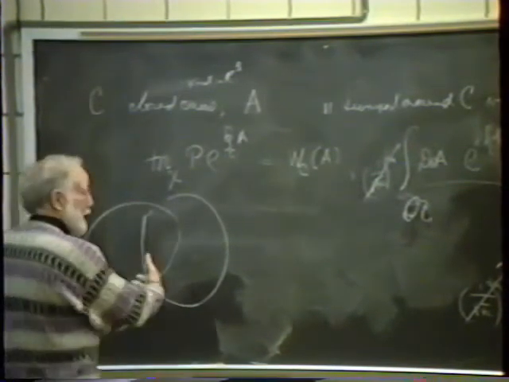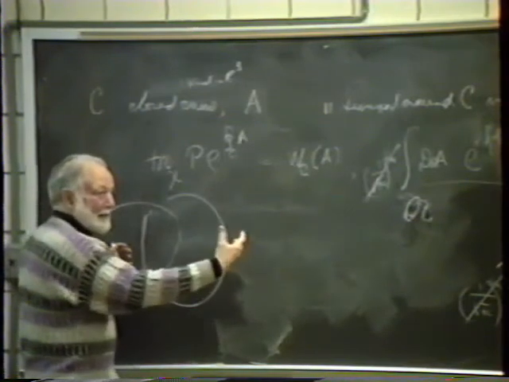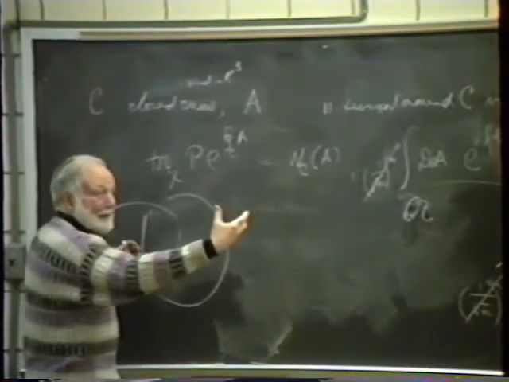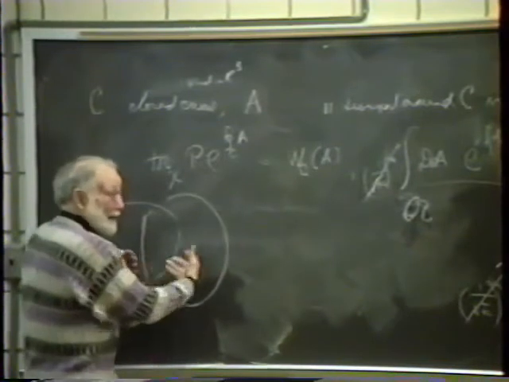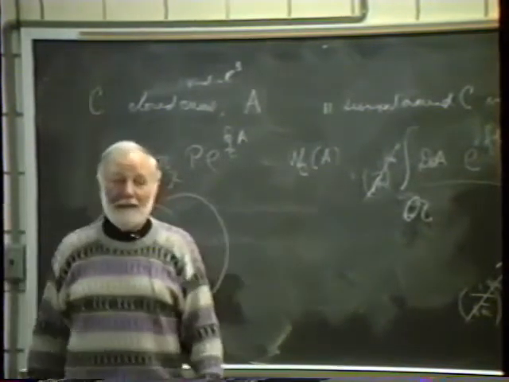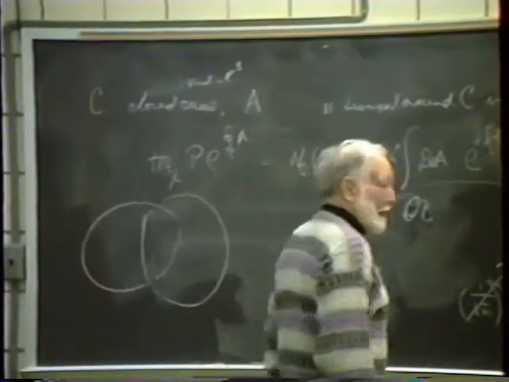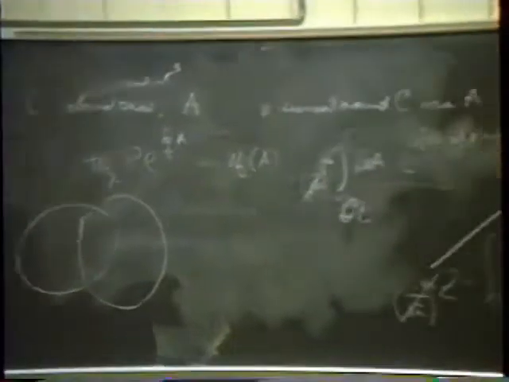Another way is taking the curve and moving it out and counting every time it hits, clicks. Electrodynamics tells you to do that too. And pulling it out and counting the number of times before they're completely separated. So either way will give you a way of counting the linking number of the two curves.